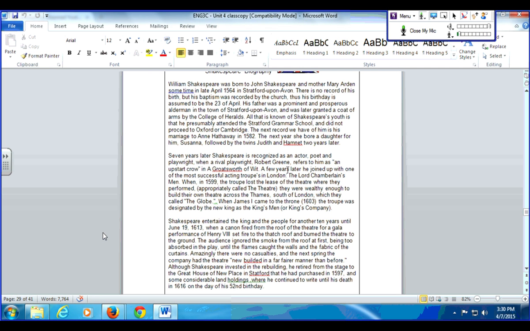when a cannon fired from the roof of the theater for a gala performance of Henry VIII set fire to the thatch roof and burned the theater to the ground.